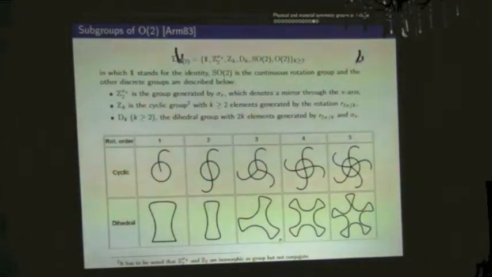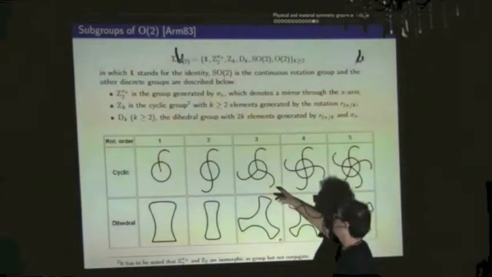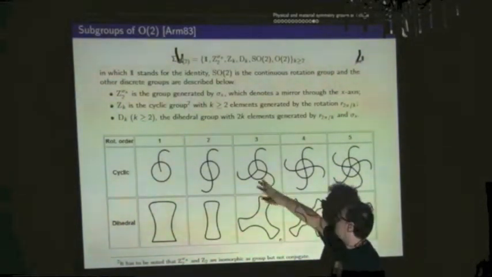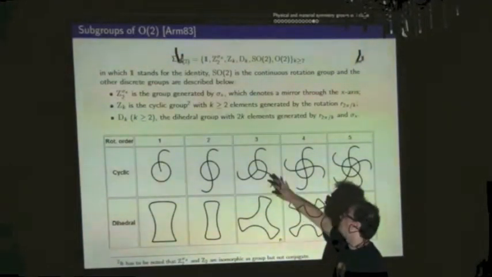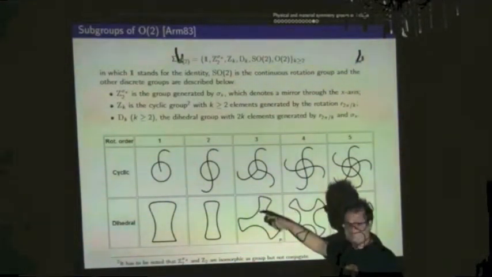Physically, what does it mean? In Z_k you just have rotations, you don't have mirrors. So Z_k is the symmetry class that leaves a chiral figure invariant. Here is an example of a Z3 figure. The only symmetry operations are rotations by 2π over 3.